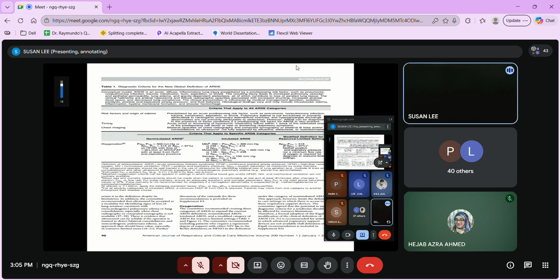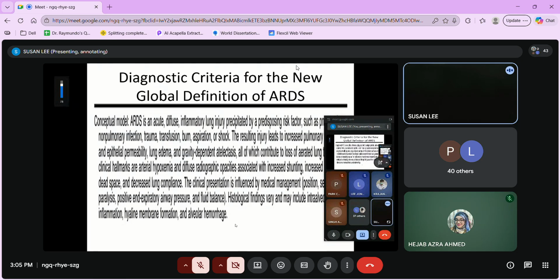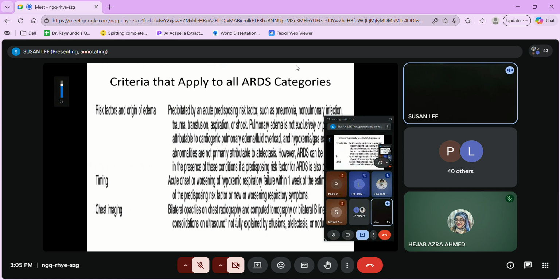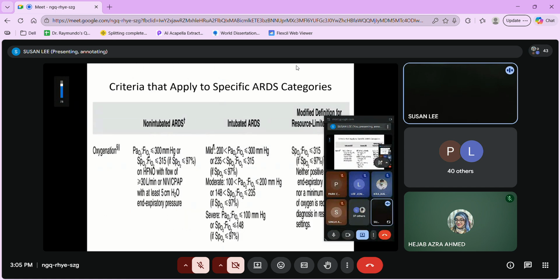The patients would still have the same, but instead of the PF ratio that we use, we can use the saturation to FiO2 ratio. And in that way, without arterial blood gas, you can now use this new category specifically for the diagnosis of your ARDS.